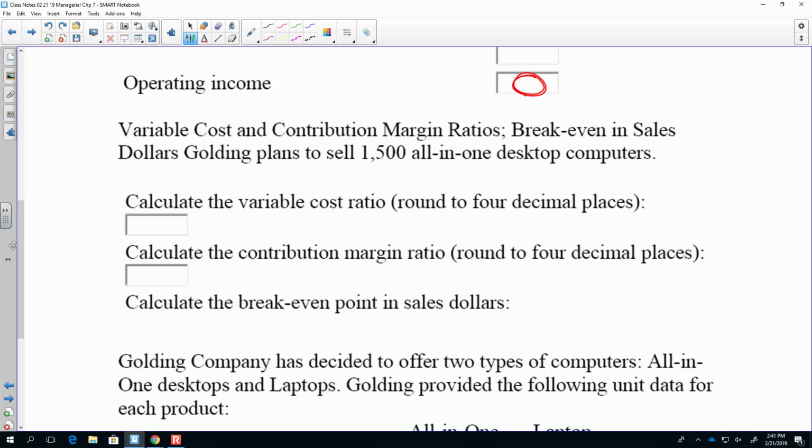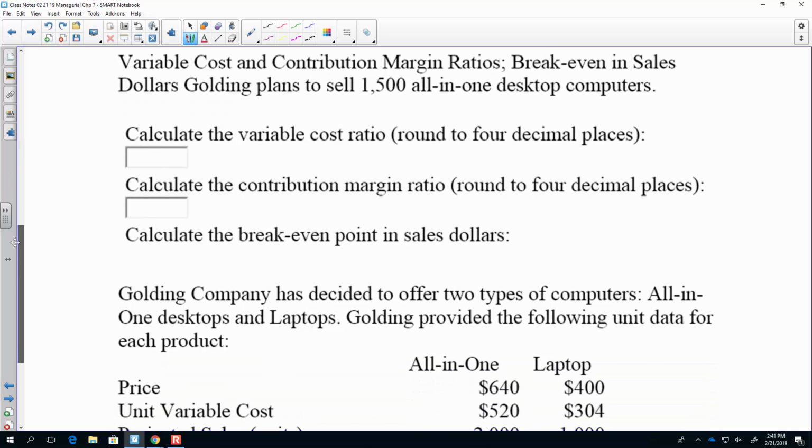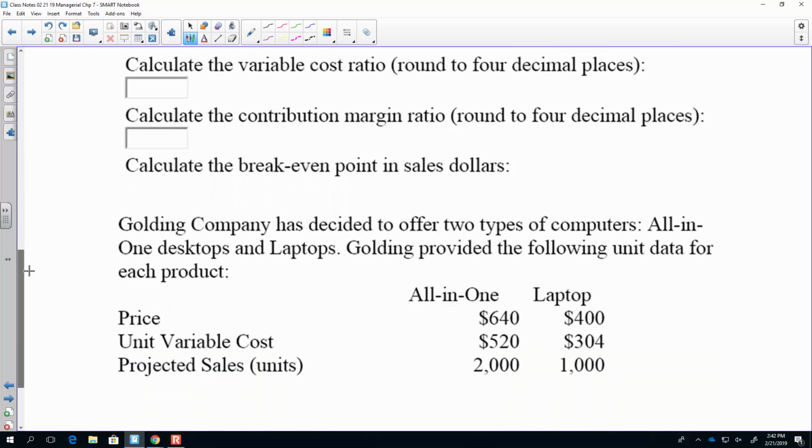variable cost margin ratios, break even in sales for Golden, and they plan to sell 1,500 now desktops. Calculate the cost ratio to 4, the margin ratio to 4, and the break even in dollars this time. And we're basically looking at the same information, right?